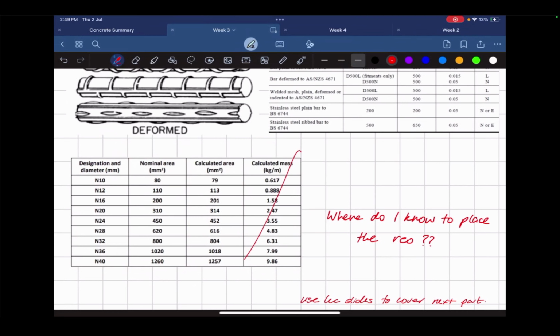A bit of a demonstration now. I'm going to get, 1, 2, 3, 4 people. Let me draw up 4 diagrams. Can you drop a beam for me, with supports and everything?